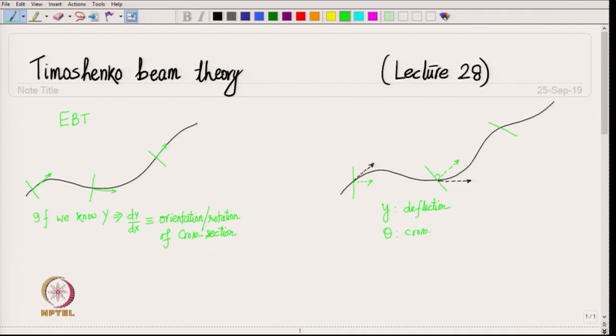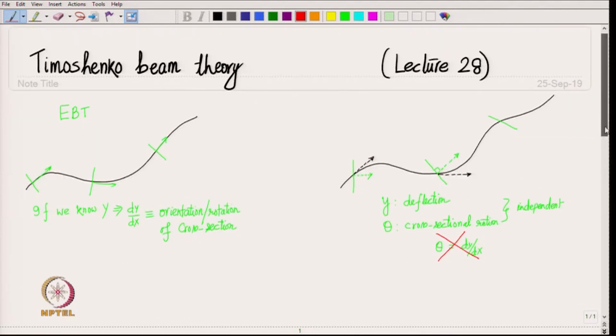Both are independent unknowns, and we do not say that theta is equal to dy by dx. So, this no more holds here. We would like to derive equations for Timoshenko beam theory accounting for this extra flexibility.